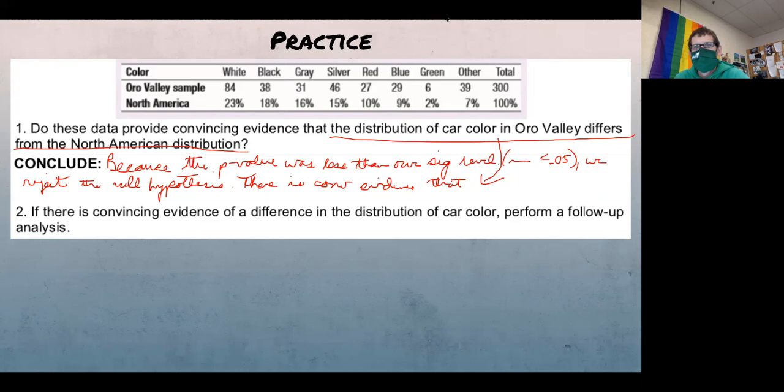Not necessarily like us trying to come up with why it's different. I mean, we might assume that there's going to be fewer black cars because people don't want black cars in the desert, but that's not what they're asking for. What could we talk about to answer this question? Maybe that we could get a bigger sample size that might reflect the distribution a little bit better. That's a thought. That's not what we're going to need to do.